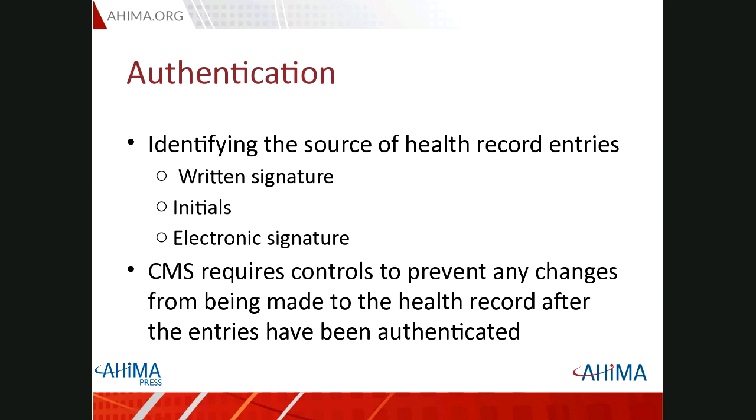If it needs to be changed, for instance, if it's been entered into the wrong health record, you picked up the wrong record by mistake and started documenting in it, and you realize, oh, this is the wrong patient.